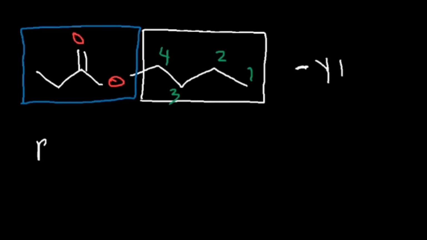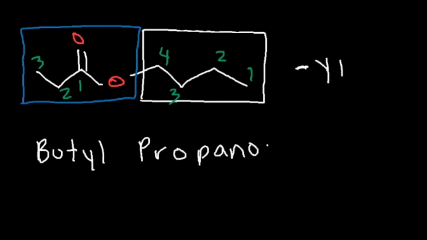So this is going to be butyl. And on the left side, we have 3 carbon atoms: 1, 2, 3. 3 is associated with propane, but since that's going to be the parent name of the functional group, we're going to add the OA part. So it's going to be propanoate. Butyl propanoate. So that's how you name it.